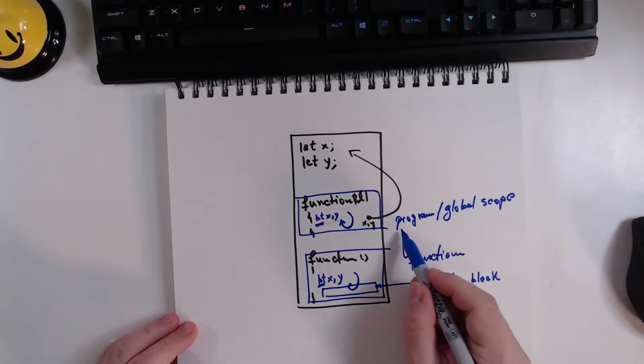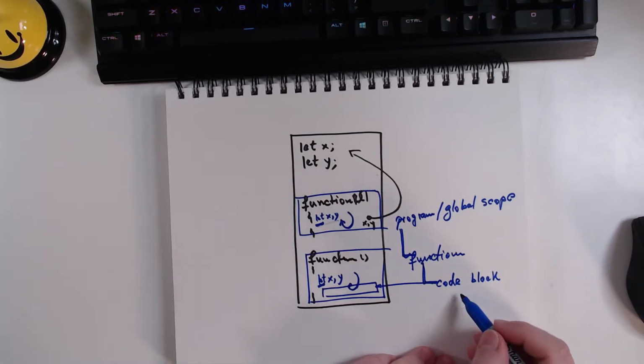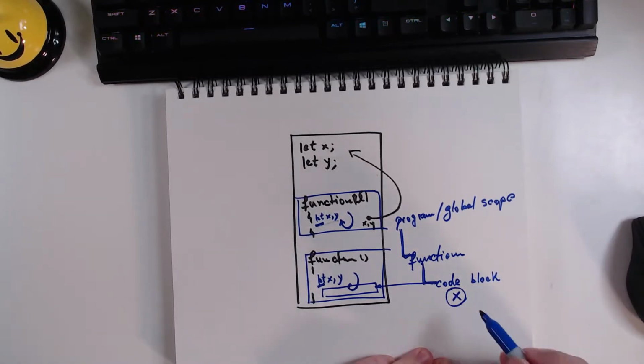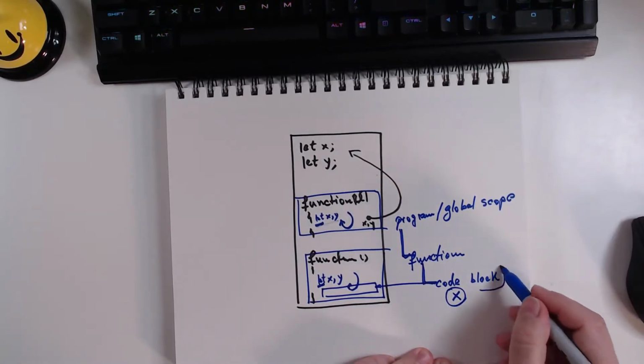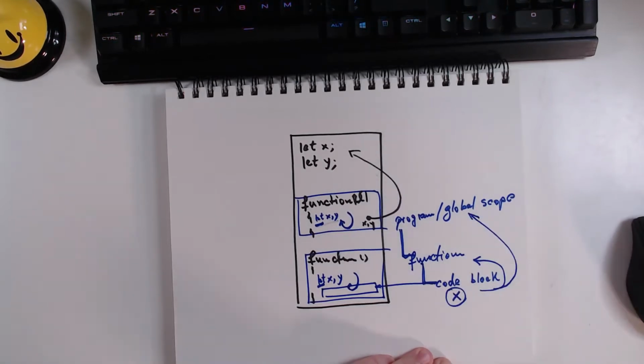All right. So we have this hierarchy here. Whatever variable sits in the code block just sits in the code block here. The function doesn't see it, the program doesn't see it, but the code block can see the variables coming from the parent function or from the global scope, as long as you don't override them inside one of the other levels.